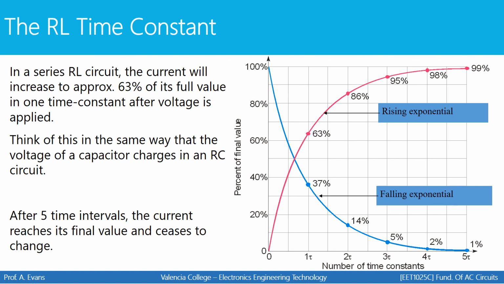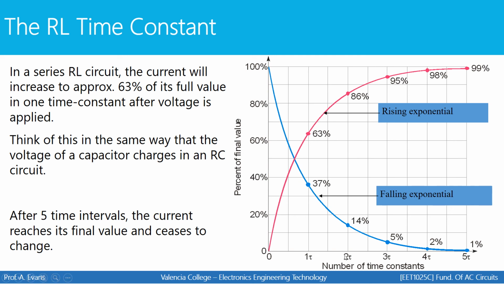And with an RL circuit, a series RL circuit where you have a resistor and an inductor in series, the current value will increase with the same exponential curve that you saw with the capacitor. The current value will also decrease with the same exponential curve you saw with a discharging capacitor as well.